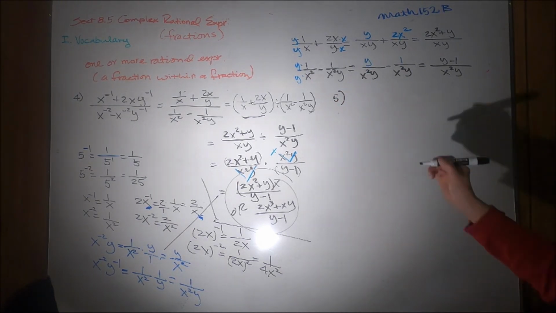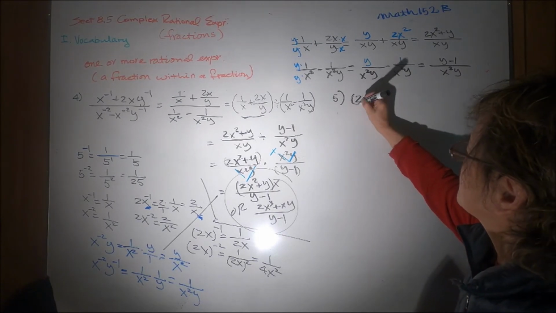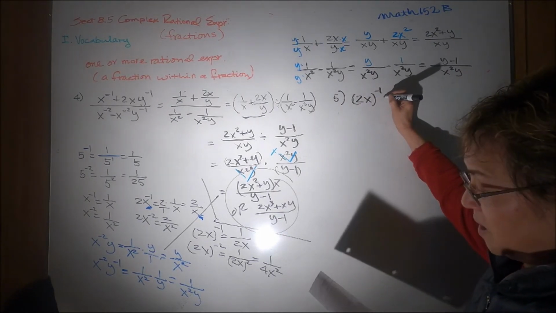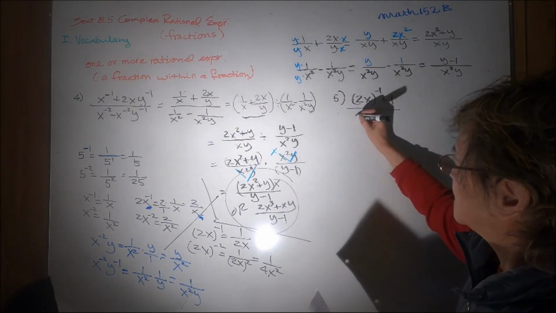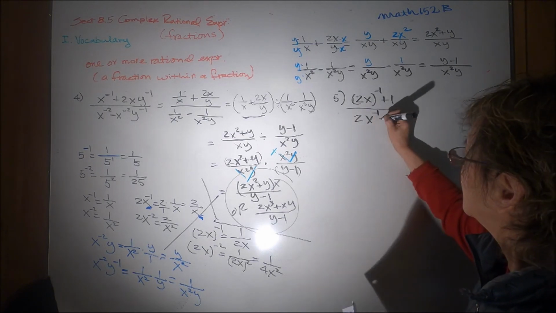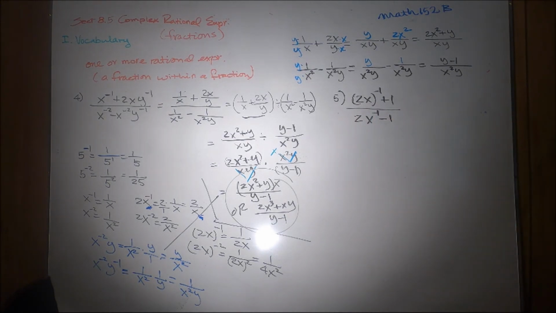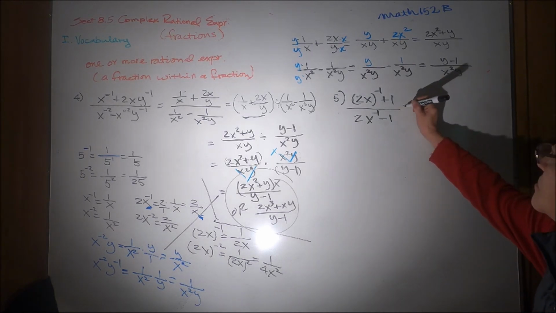Let's look at the next one. 2x to the negative 1 power plus 1 divided by 2x negative 1 minus 1. So, what do you think? How should you start? Rewrite it without the negative exponents, right? Because we cannot really see negative exponents.